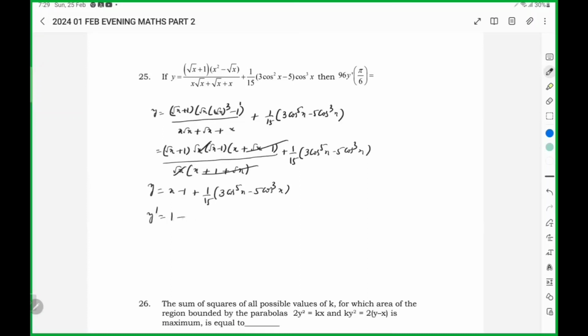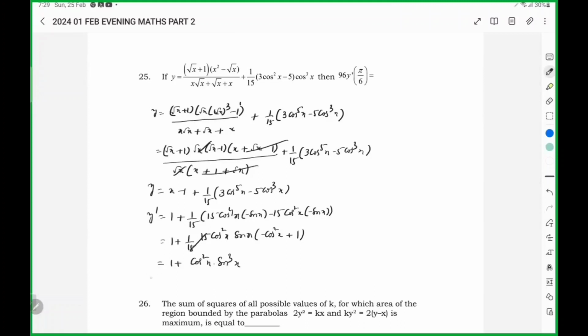Y dash will be 1, 15 cos power 4x minus 15 cos square x. 15 cos square x sin x if you take common. So it's 1 by 15 get cancelled. Cos square x into sin cube x.